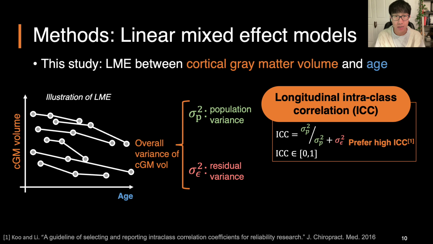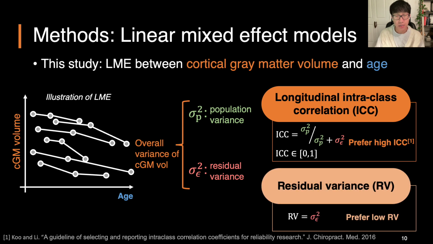By definition, this ICC is the population variance divided by the overall variance, and ranges from 0 to 1, where 1 models the perfect scenario where all the variance is because of the population, the natural variation, instead of noisy observations. The second measurement we use to evaluate our statistical model is directly the residual variance. And by definition, we prefer a lower residual variance.